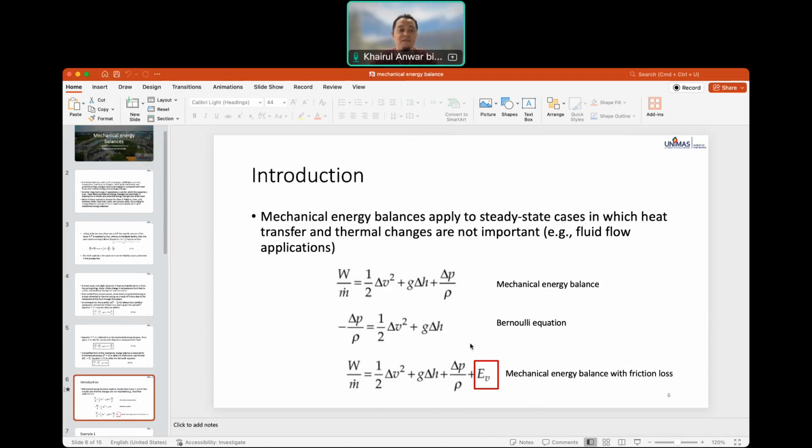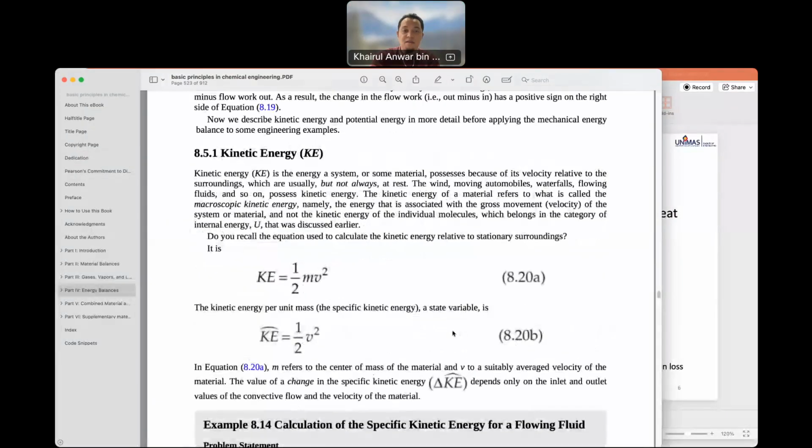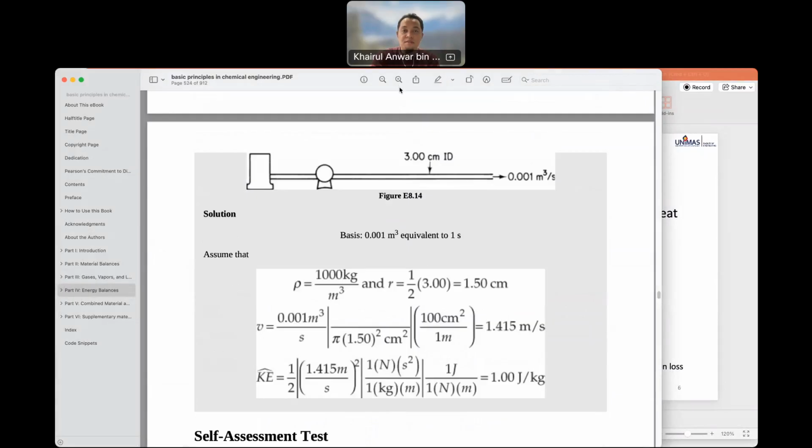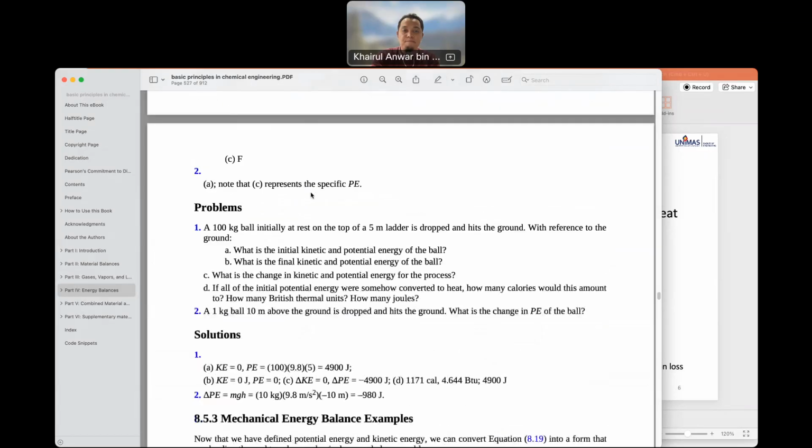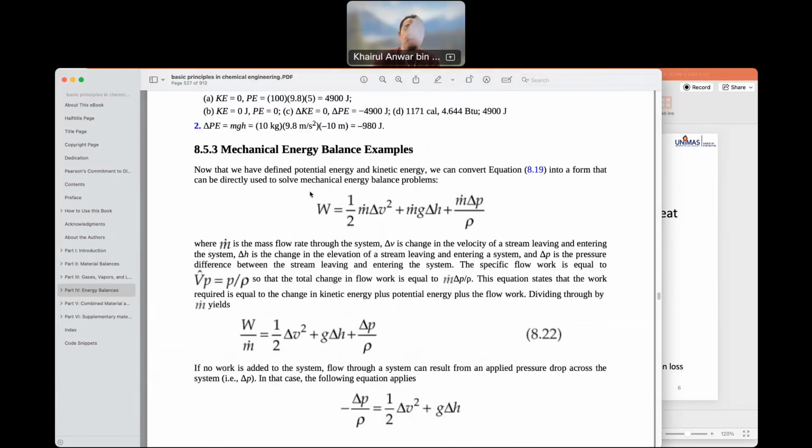So this is based on the book Basic Principles of Chemical Engineering.